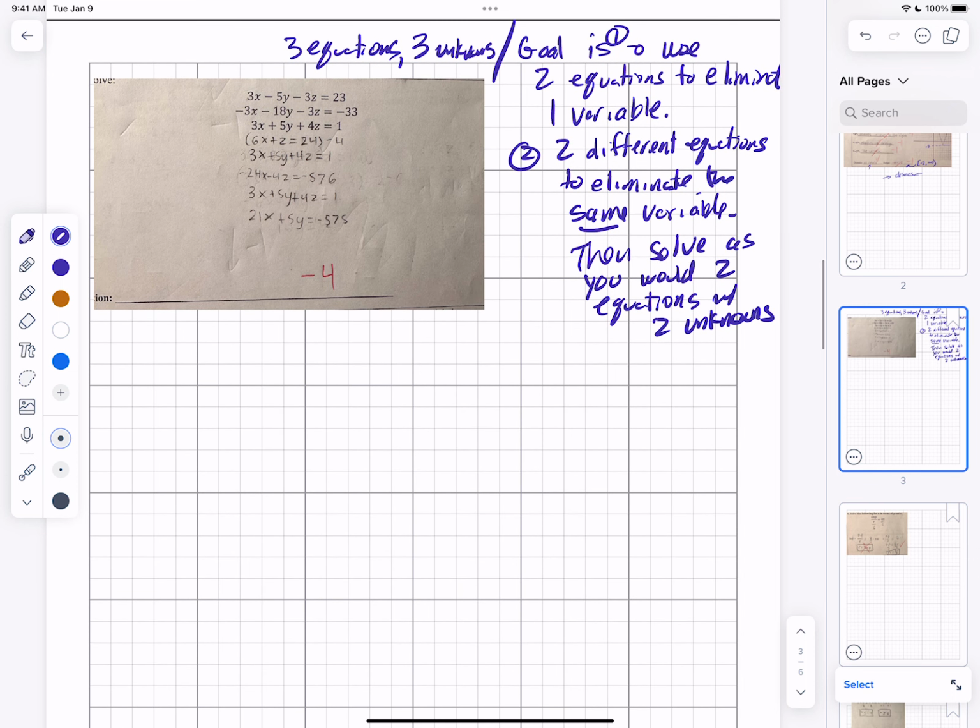Okay. So we have to use 2 equations. So we're going to use equations 1 and 2, and we're going to try and eliminate one variable.